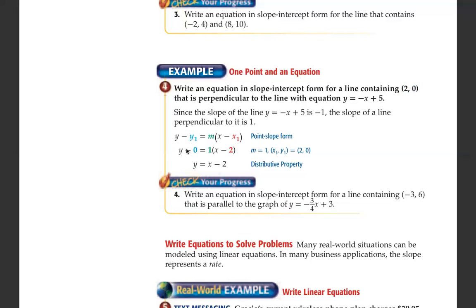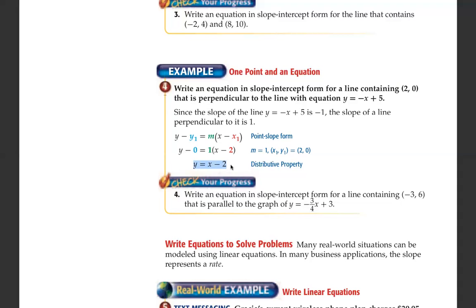Therefore, we will have y minus 0 equals 1, the slope that we get because it's perpendicular, times x minus 2. Then distribute 1. This y minus 0 is just y. Distributing, 1 times x is x, and 1 times negative 2 is negative 2. So this is now the equation of the line.